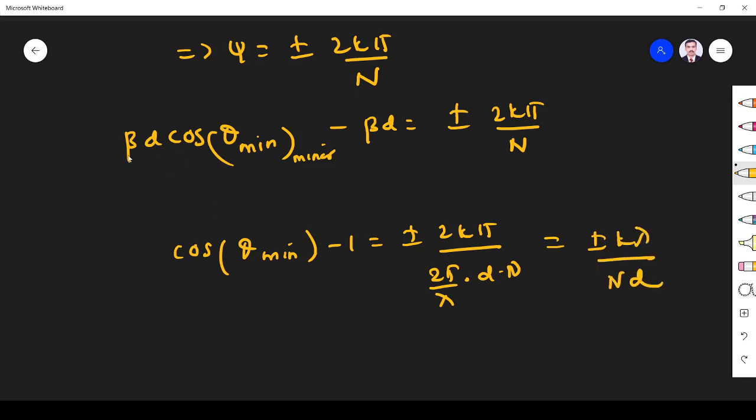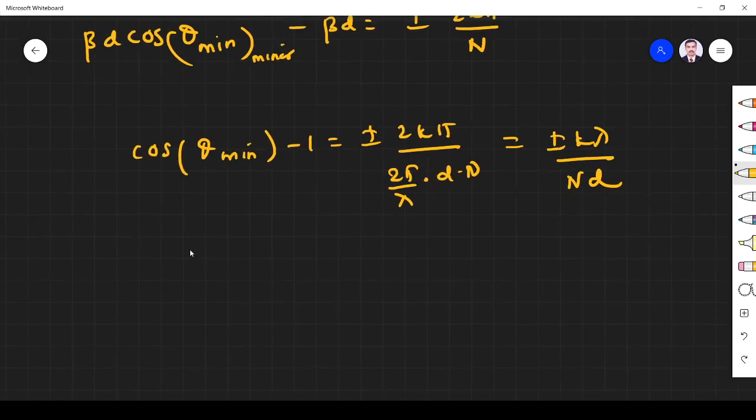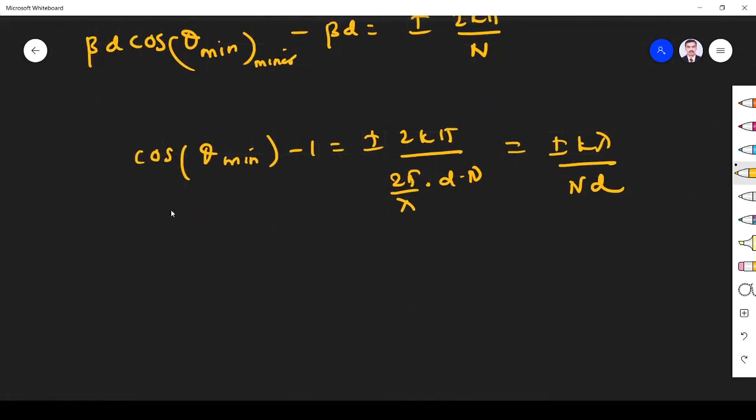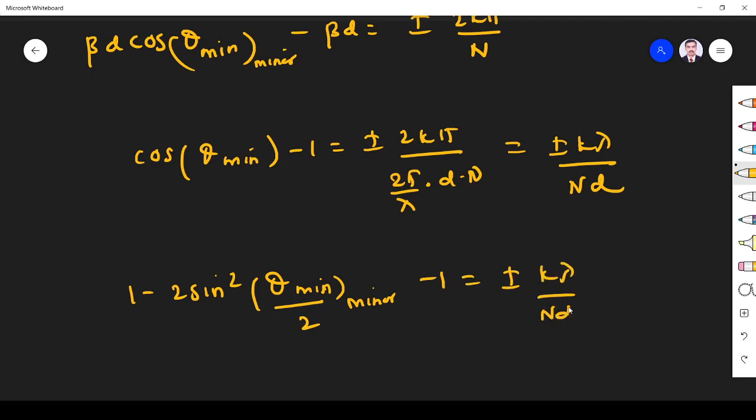From this equation, take beta d outside and bring it to the right-hand side. Instead of beta, you substitute 2 pi by lambda into d. So this indicates cos theta minimum, minor, I write as 1 minus 2 sine squared theta by 2. So 1 minus 2 sine squared theta by 2 minus 1 is equal to plus or minus k lambda by nd.